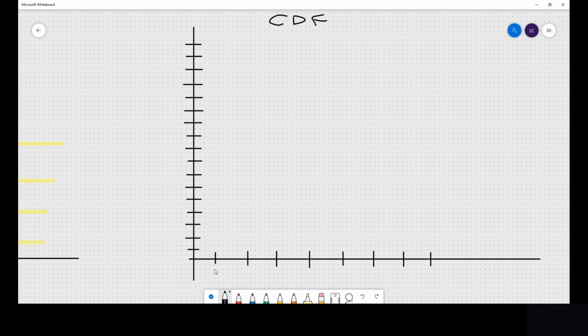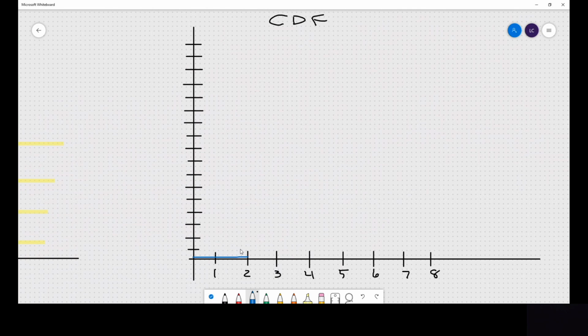And this will be the support 1, 2, 3, 4, 5, 6, 7, 8. So this is 1, 2, 3, 4, 5, 6, 7, 8. So what, and I'll draw it in red. We'll make it blue. So what happens is for the cumulative distribution function, it's 0 everywhere up until this point.